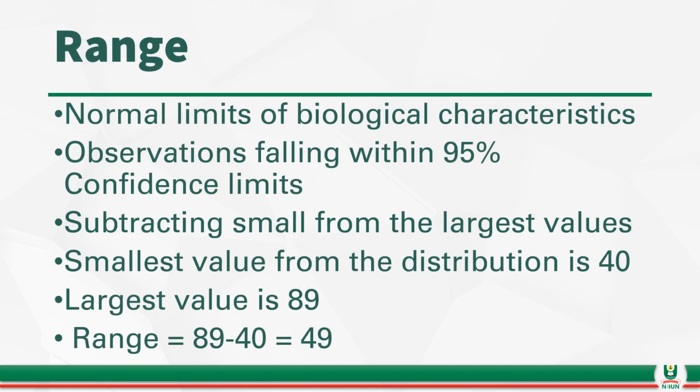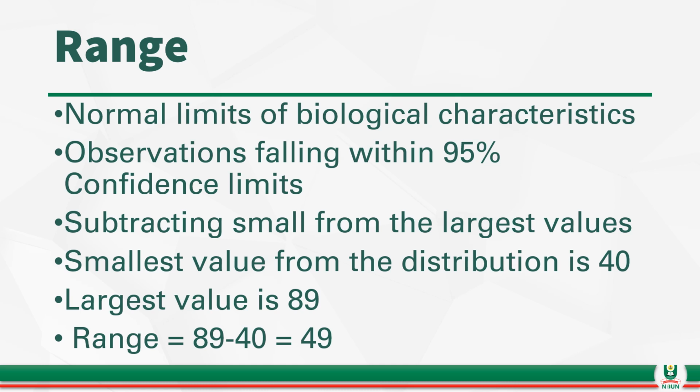So we'll move to the range as another measure of dispersion, another measure of variability, another measure of scatter of data, of values. So the range is the normal limit of biological characteristics, the lower and upper limits of biological characteristics.